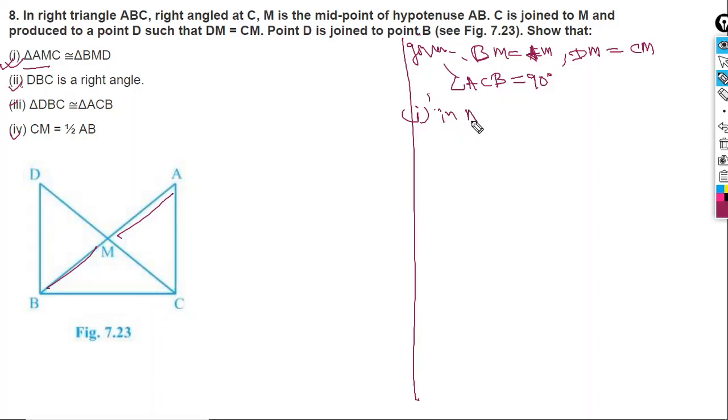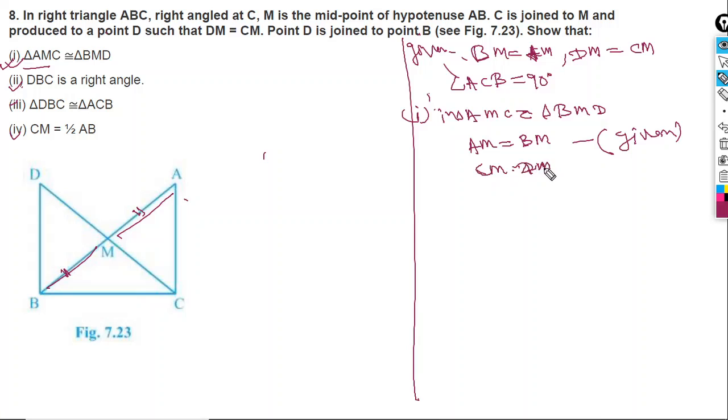In triangles AMC and BMD, it is given to us that AM equals BM by given. Then CM equals DM, it is also given.